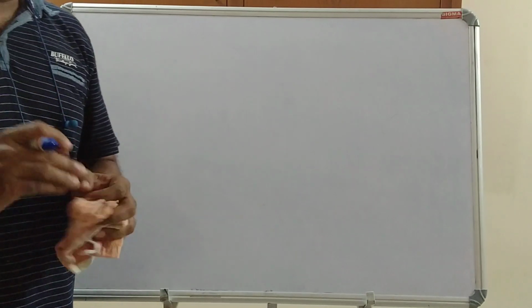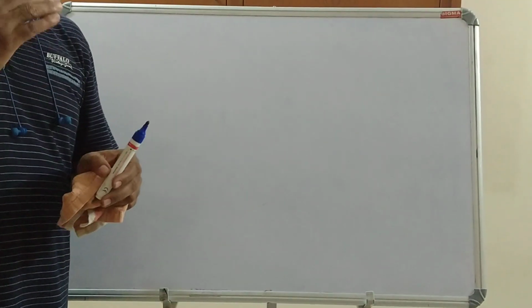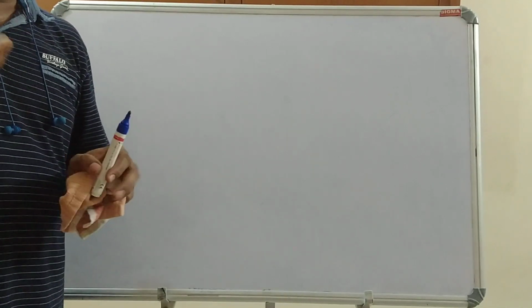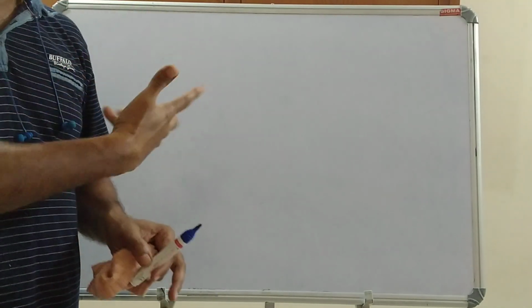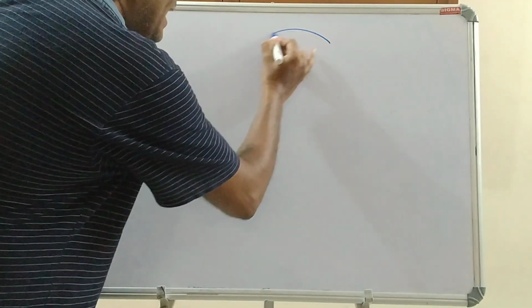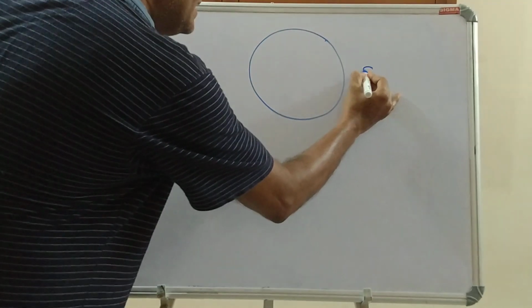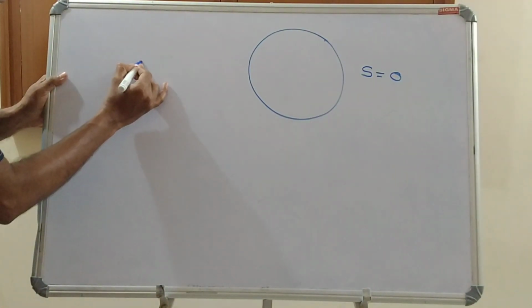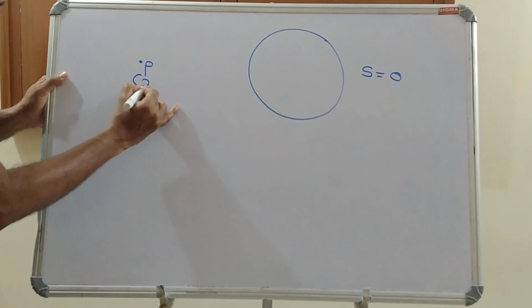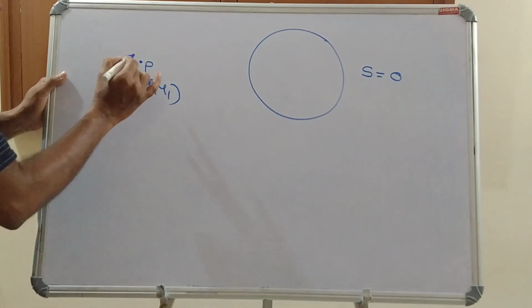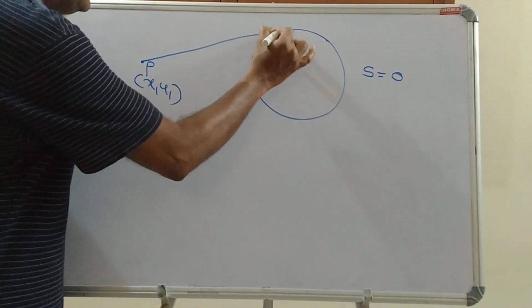Now we have to find the area of the triangle formed by a pair of tangents and their chord of contact. Take S = 0 as a circle and P(x1, y1) as an external point. From the external point we draw two tangents, PA and PB.